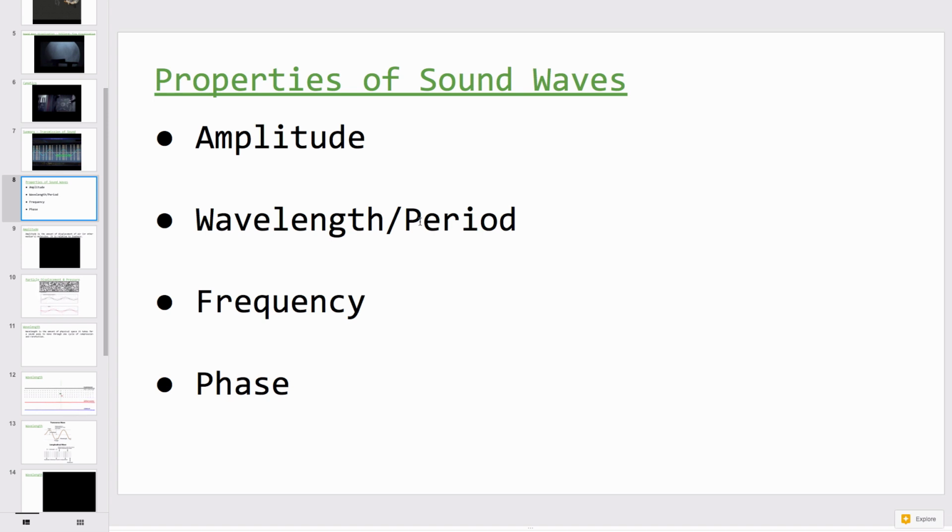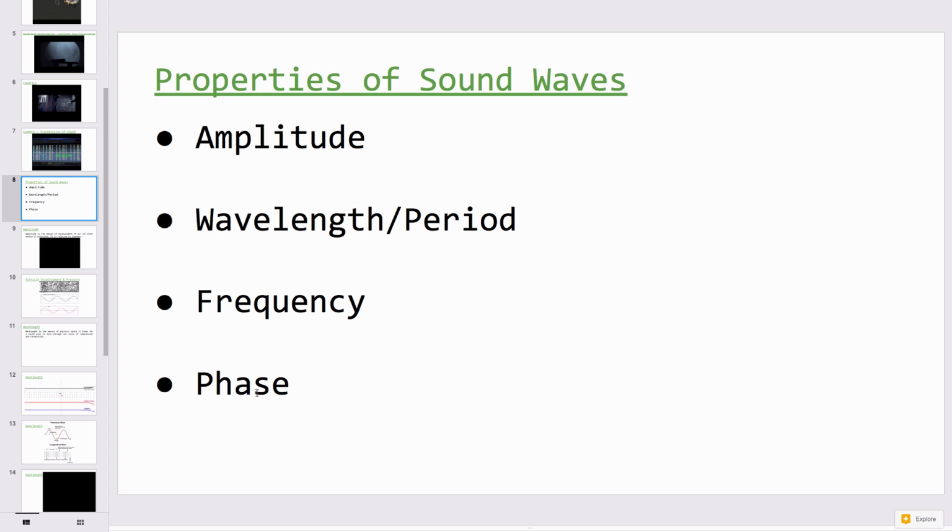And the period is the amount of time it takes to go through one complete cycle of rarefaction and compression. The frequency is, with these repeated cycles, if these waves continue to repeat, how often they repeat, at what speed. Any regularly periodic repeating sound wave has a pitch, and higher frequencies have higher pitches and lower frequencies have lower pitches.